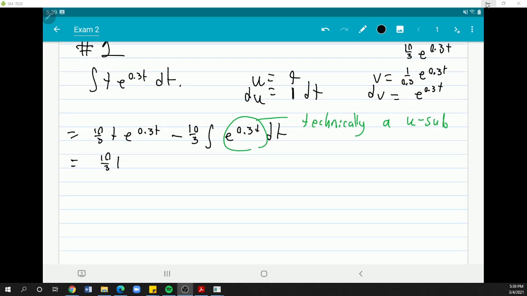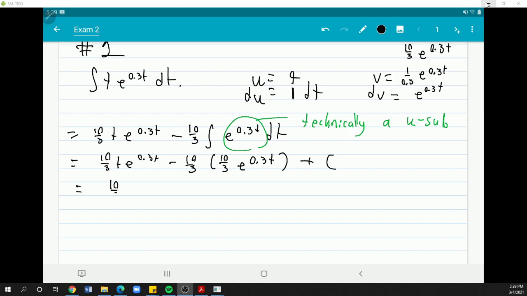This becomes 10/3 t e to the 0.3 t minus 10/3, another 10/3 e to the 0.3 t. And then it's an indefinite integral, so I slap on that constant of integration.